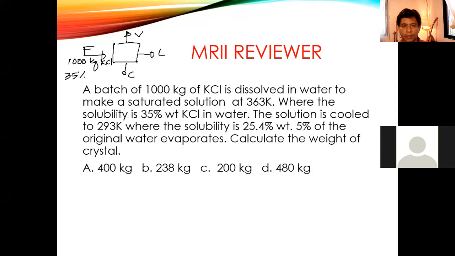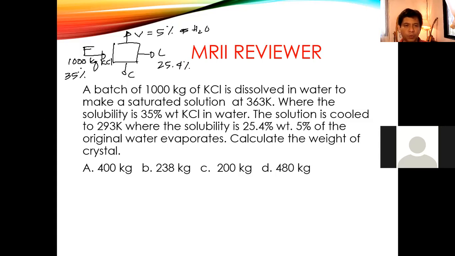Okay, tapos we cool this down, and then the solubility becomes 25.4%. Yung B, this is 5% ng original water. Okay? So calculate the weight of crystals. Ito yung hinahanap, yung C.